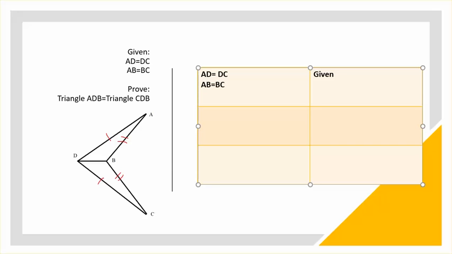Now, often in the given, we'll find other vocab words that might allow us to make additional conclusions. But here, there's nothing else from the given. So let's go ahead and look at the picture. From the picture, are there parts that we know must be equal? Not because they look equal, but because of something we've learned in geometry.